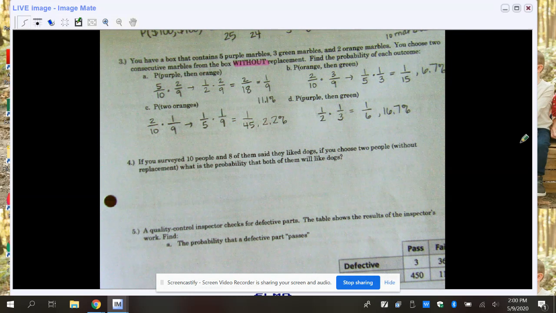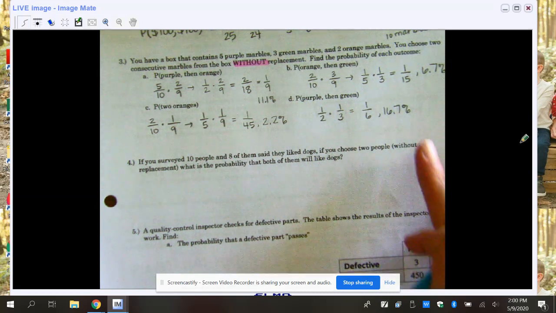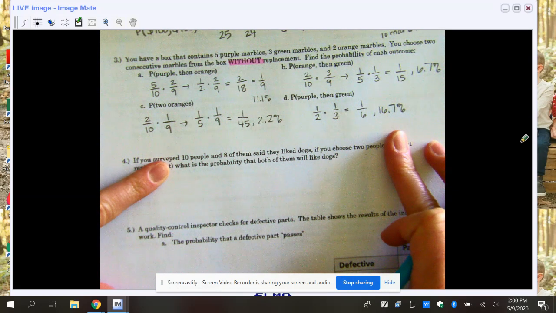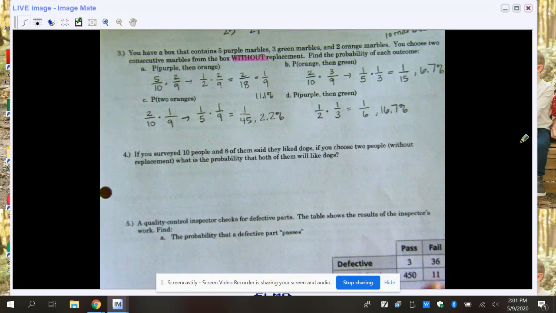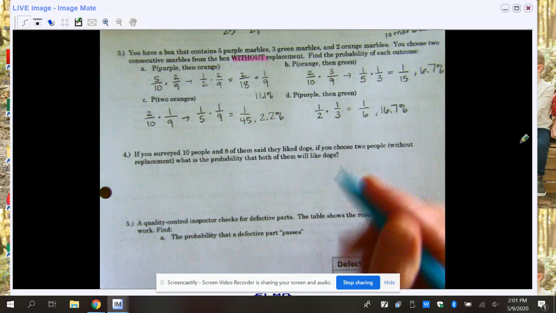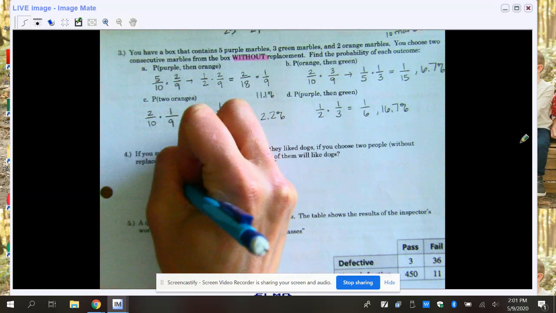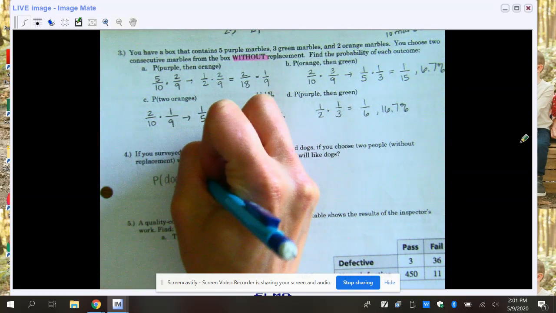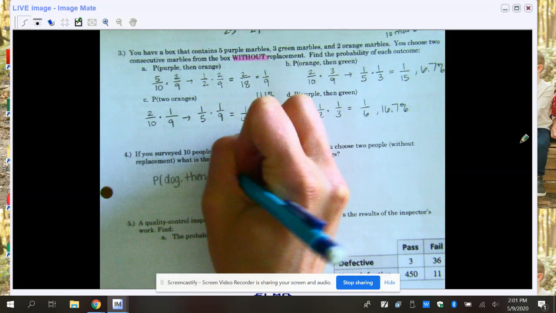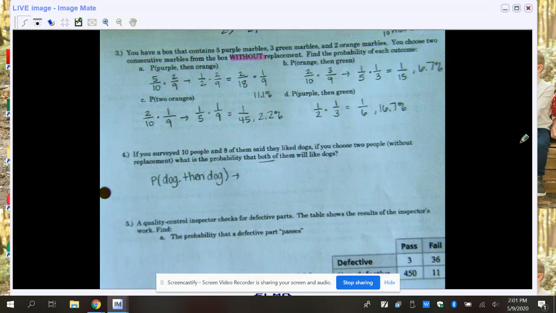If you surveyed 10 people and 8 of them said they like dogs, if you choose 2 people, so you're assuming that if I choose 1, I put that aside without replacement, but even if that weren't there, we would assume that because you're not going to choose the same person twice. What's the probability that both of them will like dogs? So I'm essentially saying probability of dog, then dog. Okay. And those other 2 people, how dare they?